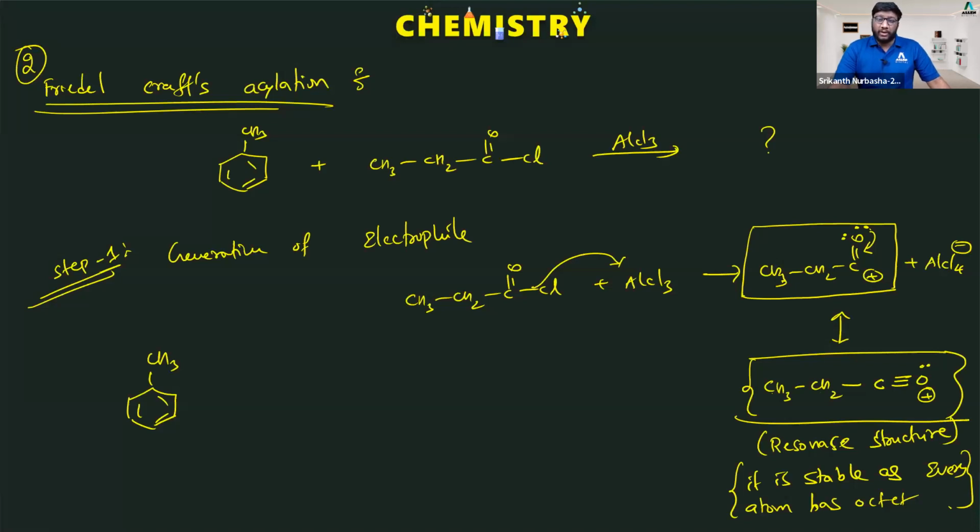CH3 is an ortho para directing group. It is ortho para directing because of what? CH3 is an electron donating group because of what? Inductive effect or any other effect? Anyone?